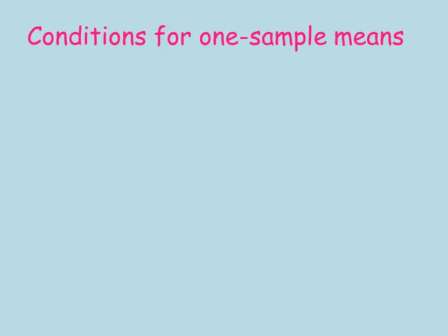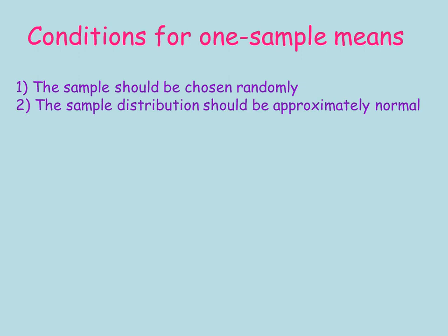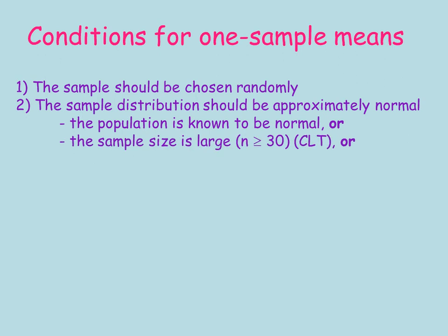So now let's take a look at a one sample mean and the conditions. The sample should be chosen randomly. The sample distribution should be approximately normal. Approximately normal means that the population is known to be normal, or the sample size is large, meaning it has to be greater than or equal to 30.